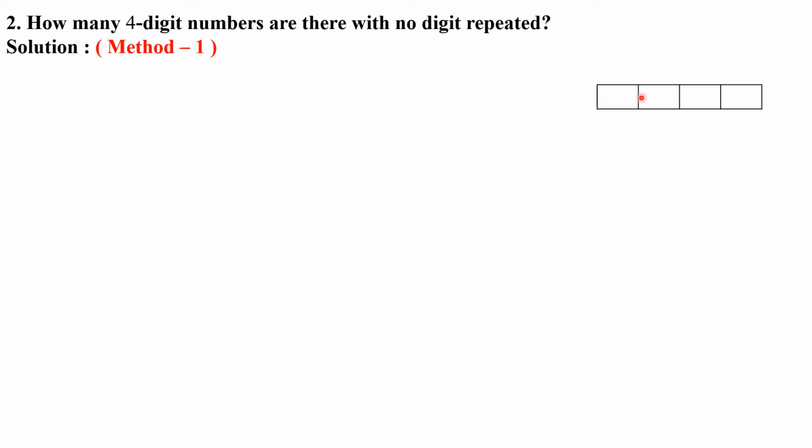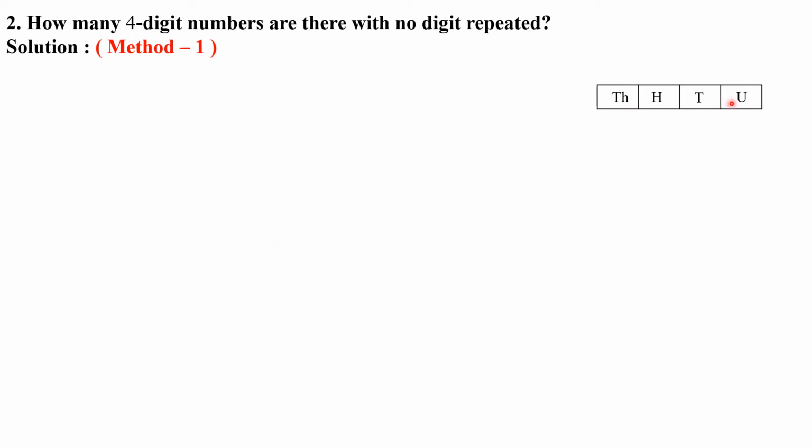Thousands place. The second empty box denotes hundreds place. Third empty box denotes tens place, and the last fourth empty box denotes units place. Okay, my children. So thousands place, next empty box hundreds place, next empty box tens place, and next empty box units place.